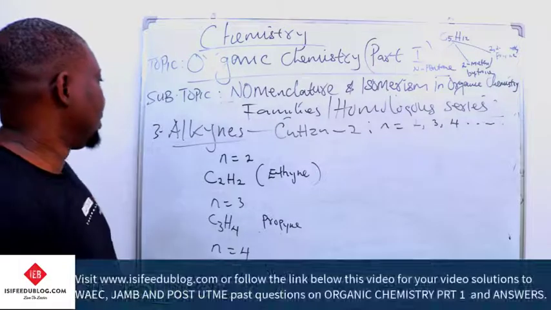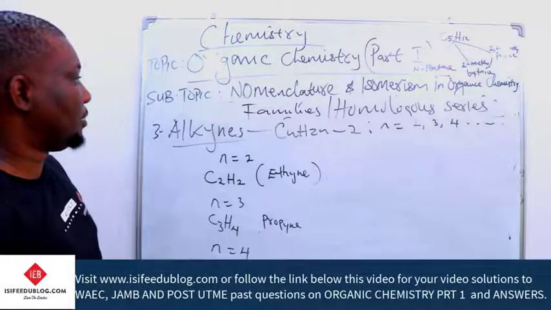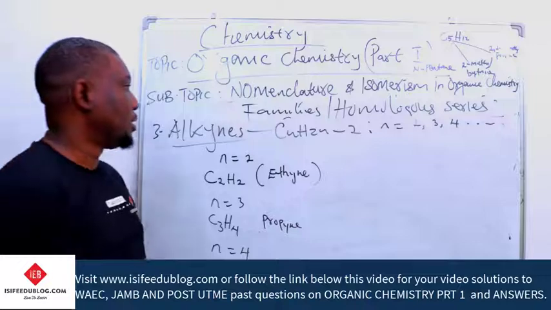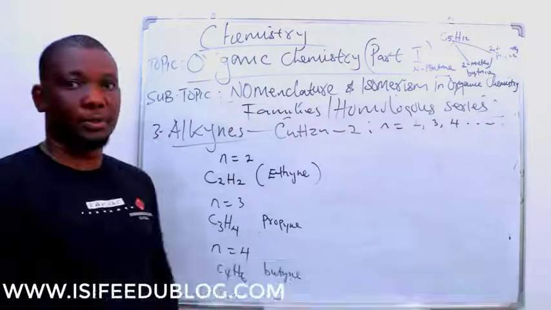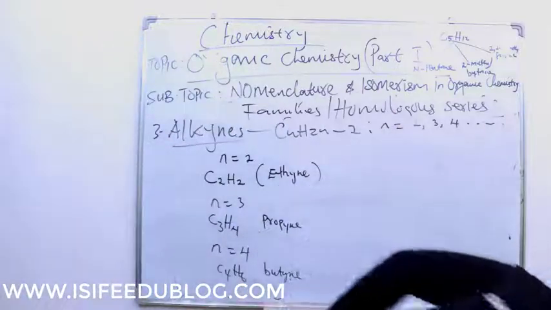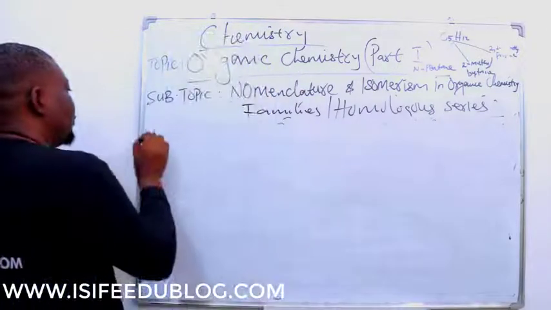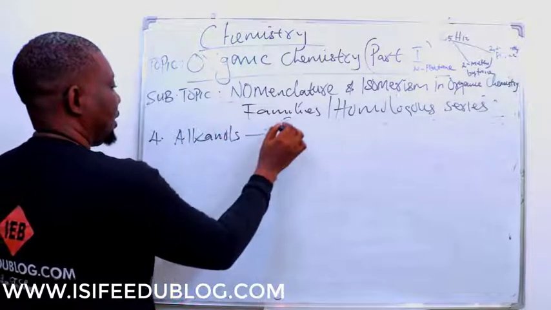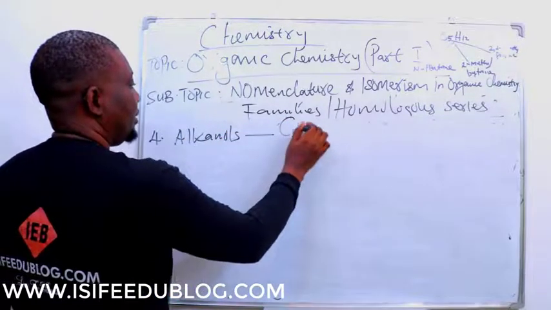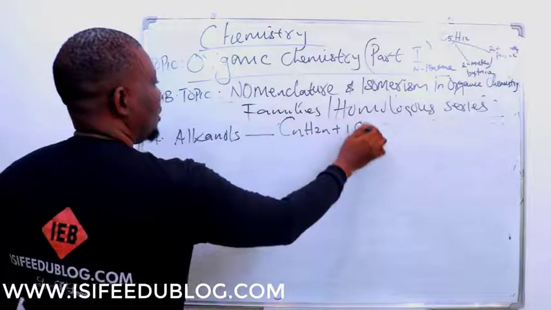And then quickly, we look at another family, which is the alkanols. Alkanols: CnH2n plus 1 OH.